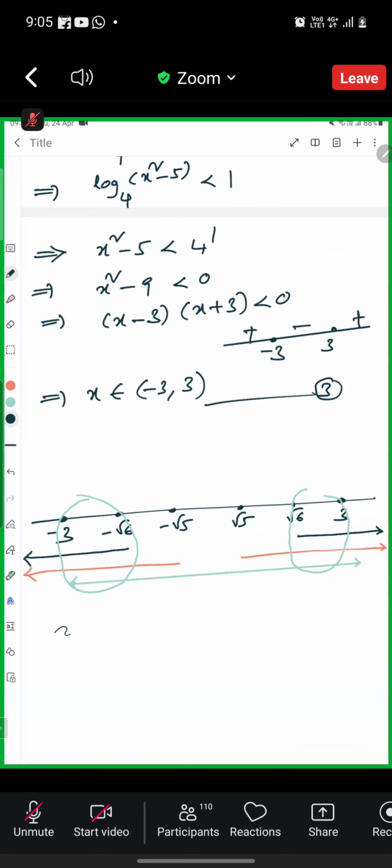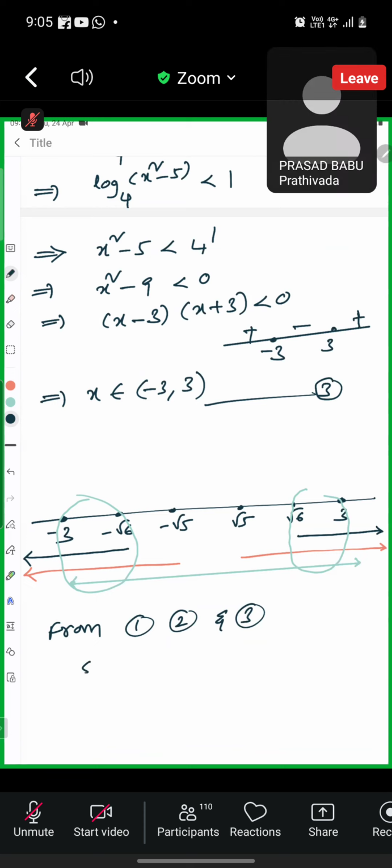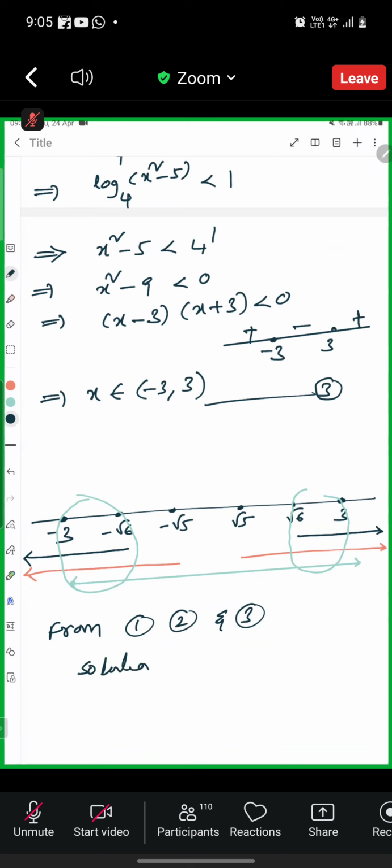So finally, from 1, 2, 3, the solution set is open minus 3 to minus root 6 union open root 6 to 3. Clear?